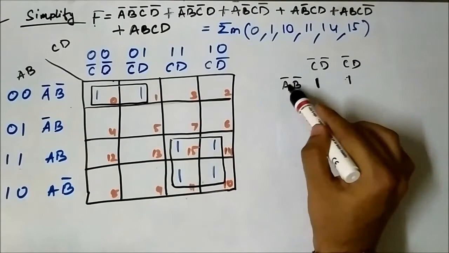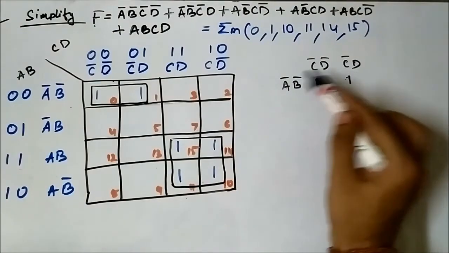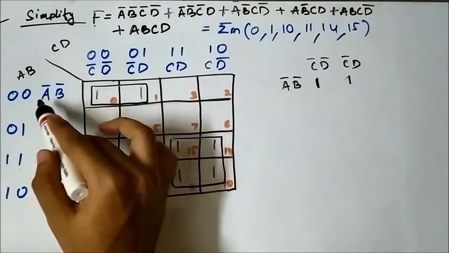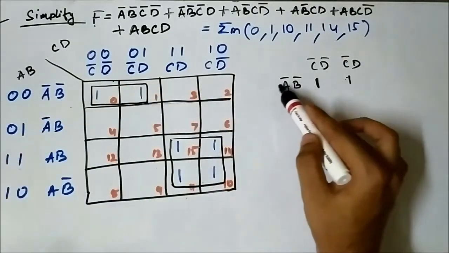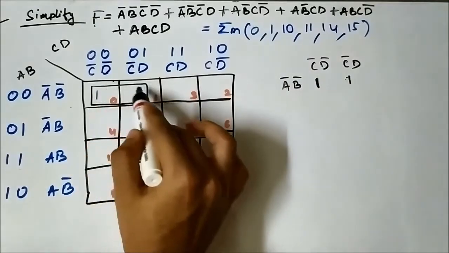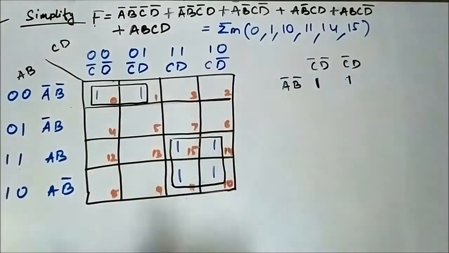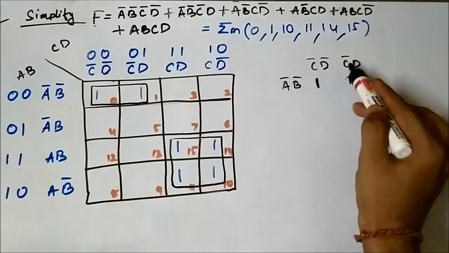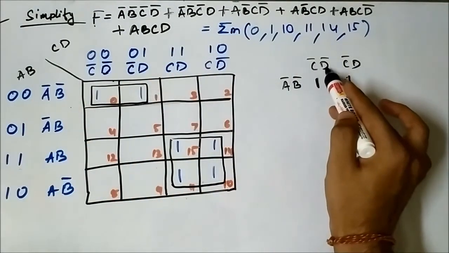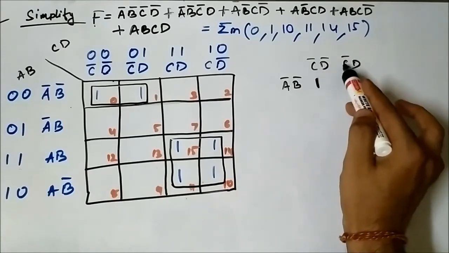For this pair, a bar b bar is common in both the cells: a bar b bar c bar d bar and a bar b bar c bar d. In the horizontal side, a bar b bar is common in both the cells. In the vertical side, here we have c bar d bar, here it is c bar d.